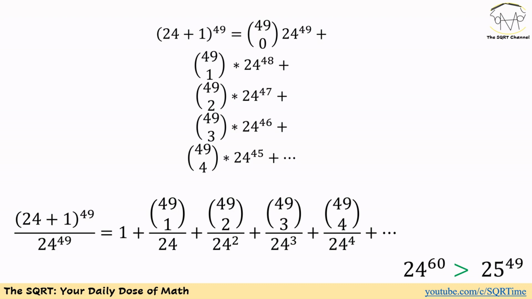Let's do that. We are going to end up with 1 for the first term, 49 choose 1 over 24 for the second term, 49 choose 2 over 24 to the power of 2 for the third term, and so on and so forth.